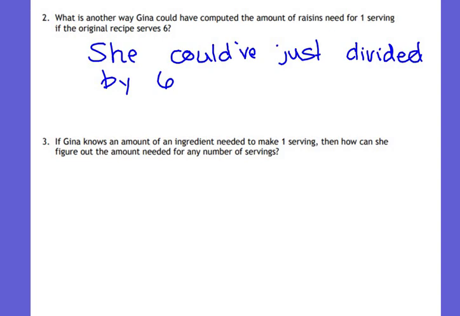Okay, number 3 says, if she knows an amount of an ingredient needed to make 1 serving, how is this beneficial for her, knowing 1 serving? Now what can she do now that she knows 1 serving? She can multiply or divide it to adjust it to the amount of people she wants to feed.